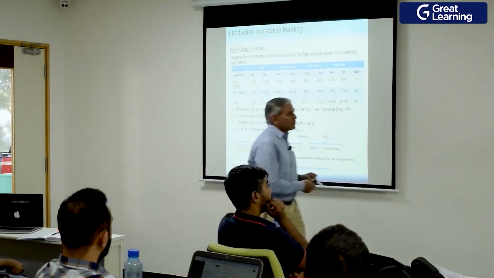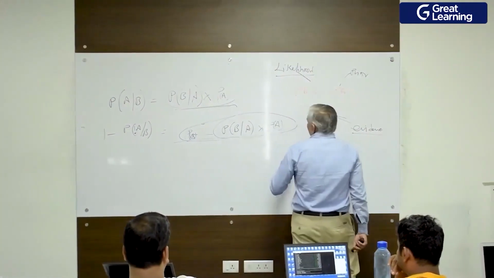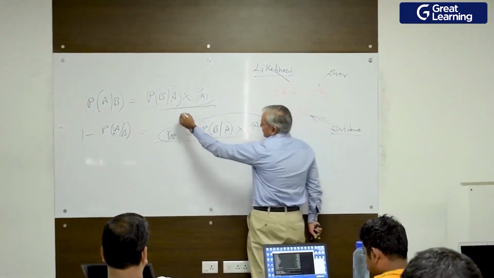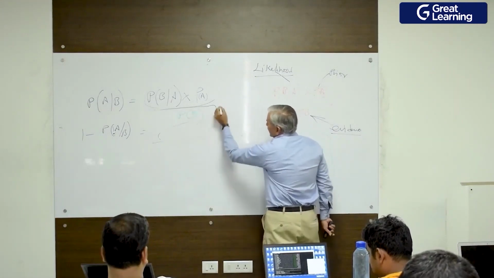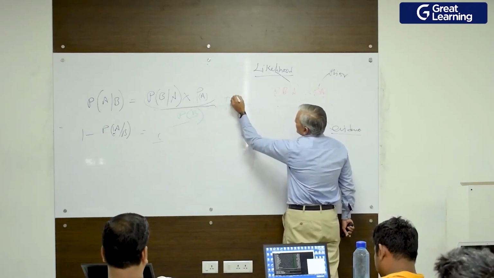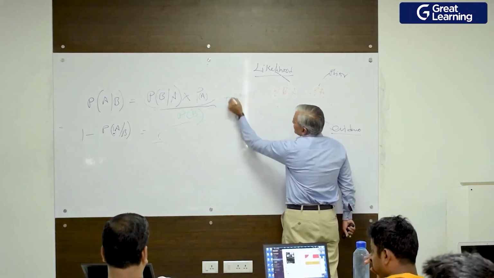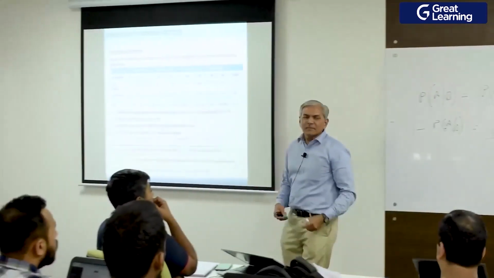So for that, we use something called Laplace smoothing factor. It sounds very hi-fi, but it's actually adding one small number, like 0.0005, to the numerator. You're free to add any number you like.